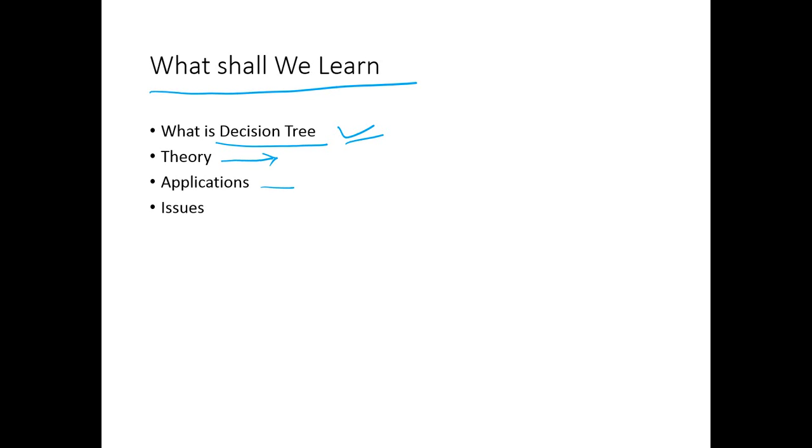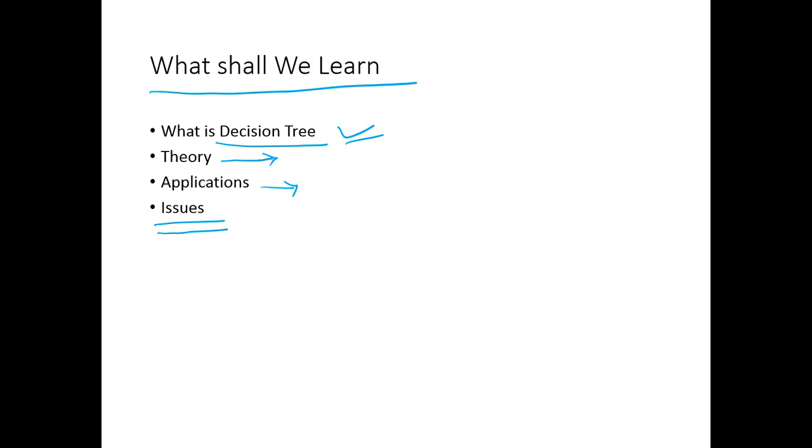The applications of decision tree: it is applied for many different practical purposes. There are many different areas in which decision tree is being used, so we'll discuss a few of them. And what are the issues that you might face while building a decision tree, and how you should be careful about these issues and take necessary precautions while building a decision tree.